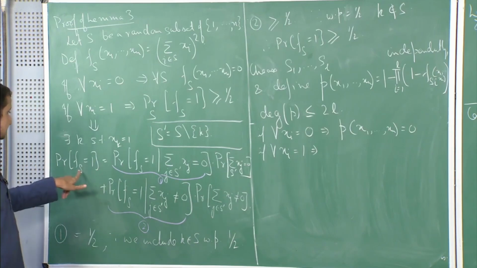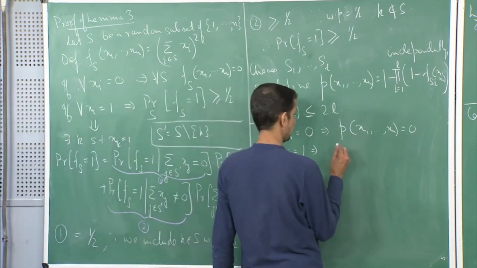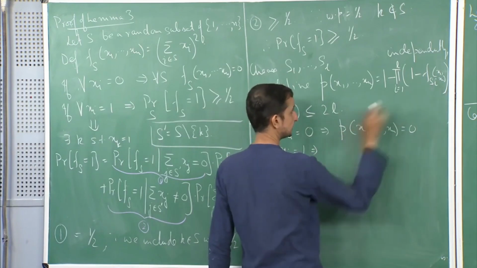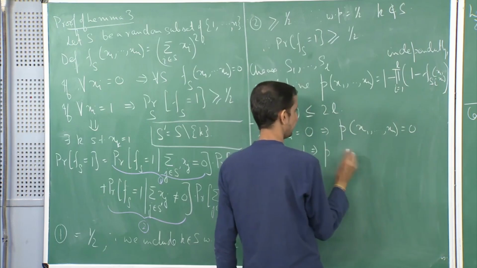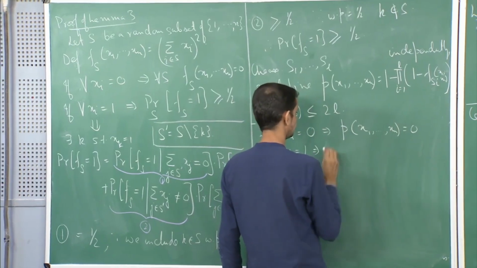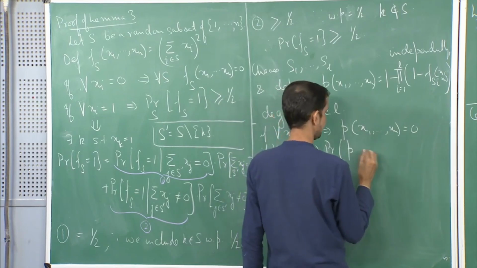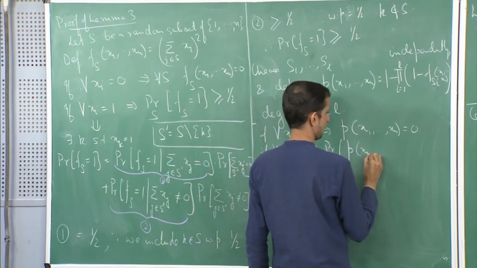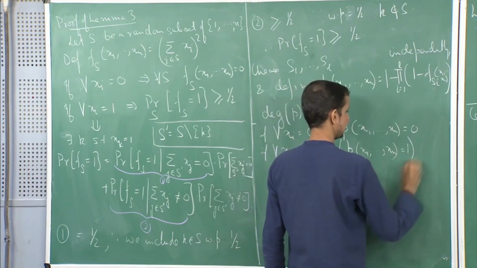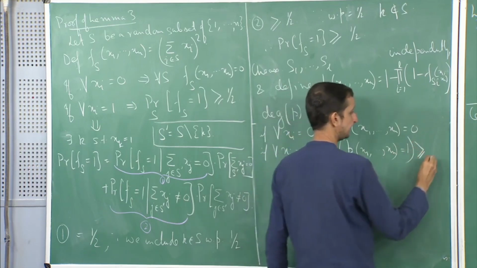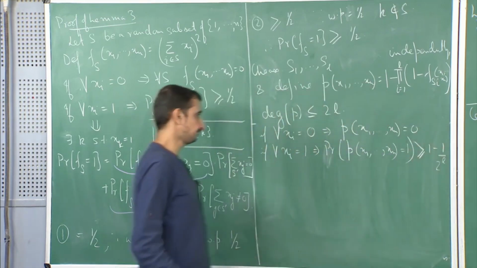For each of these sets, the function f of s is 1 with probability at least half. So, this product, this polynomial p of x1 to xn, will evaluate to 1 with probability 1 minus 1 over 2 to the power L, right.